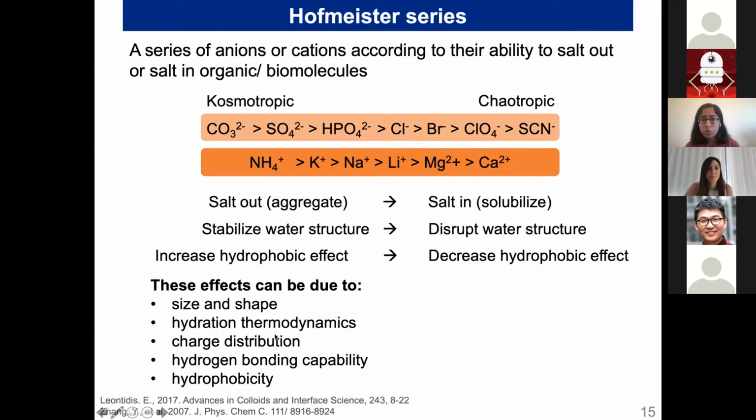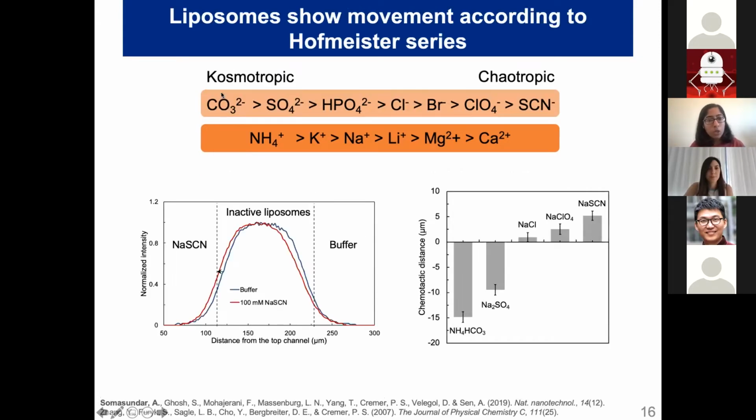So what we chose to do is we looked at the hydration or water structure around these ions, and we observed that ions with poorer water structure, like thiocyanate and perchlorate, are able to be attracted to the lipid-water interface.